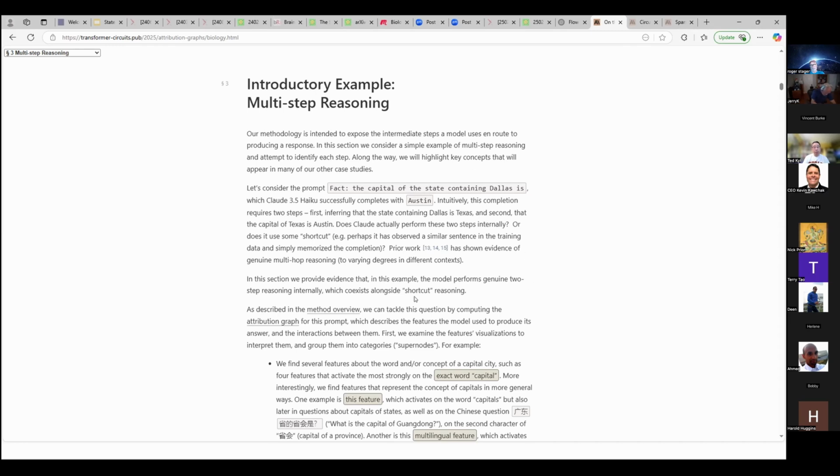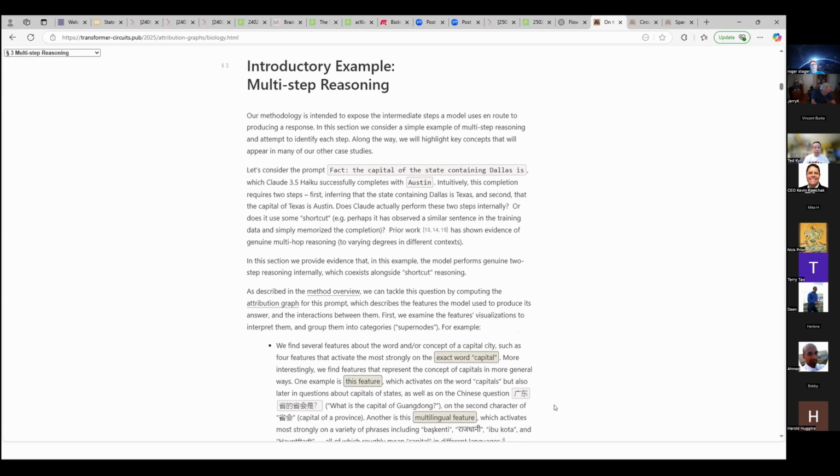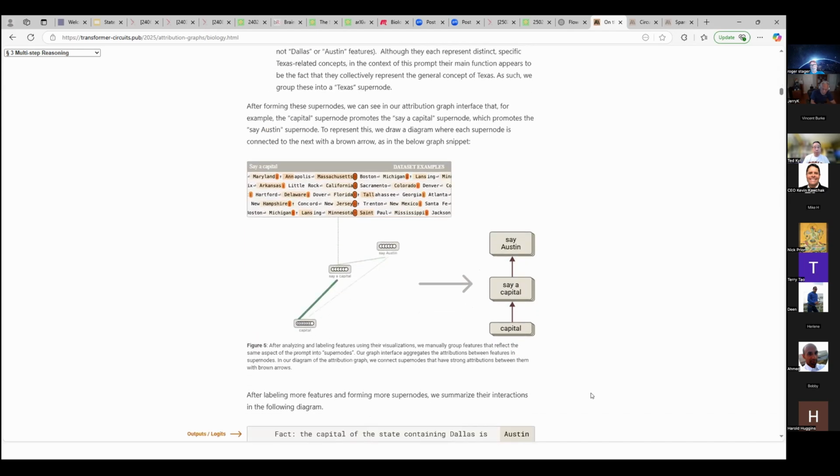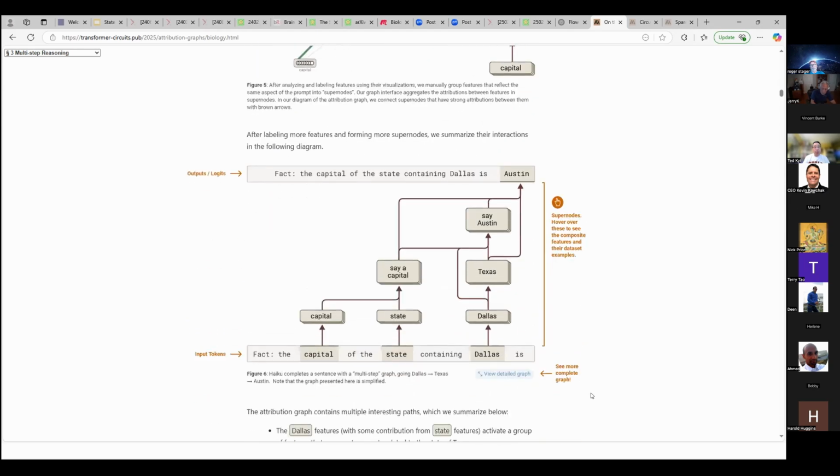So in each of these dozen or so examples, what they do is they tell you sort of like what the prompt, what the situation is going to be, and then they actually summarize some of their findings in these bullets. I've found that for me, it's actually easier to jump to the actual graph and sort of see that before we start talking about their findings.